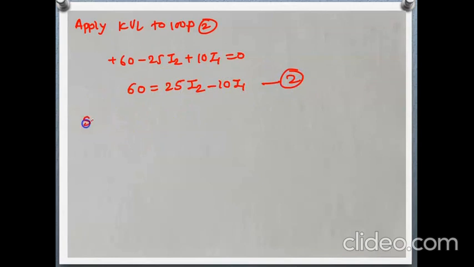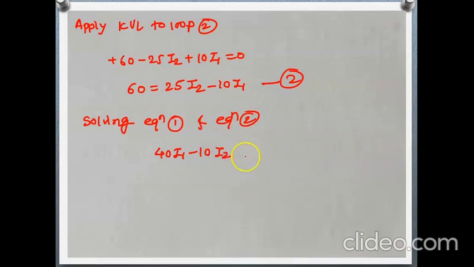So now we solve equation number 1 and equation number 2. This is our first equation, 40 I1 minus 10 I2 equals minus 30, and the second equation, minus 10 I1 plus 25 I2 equals 60.